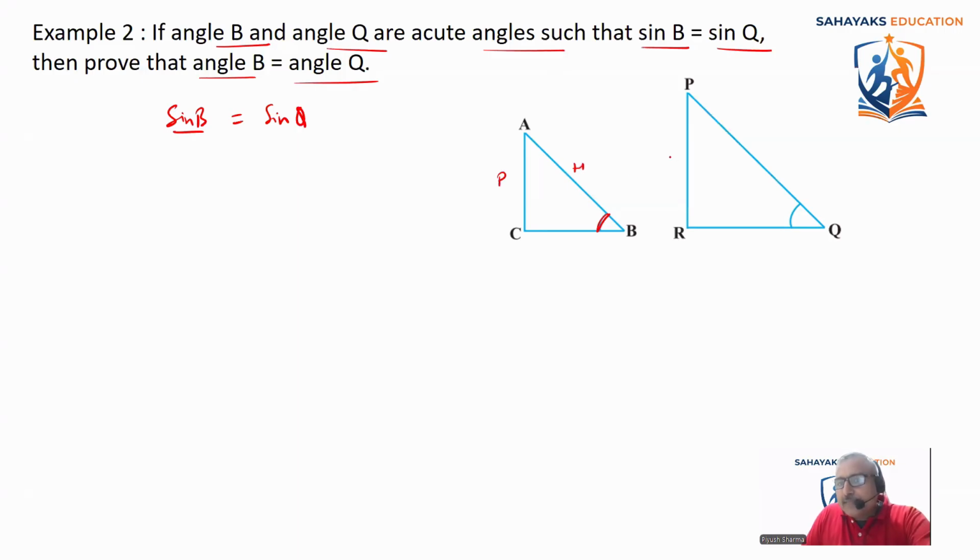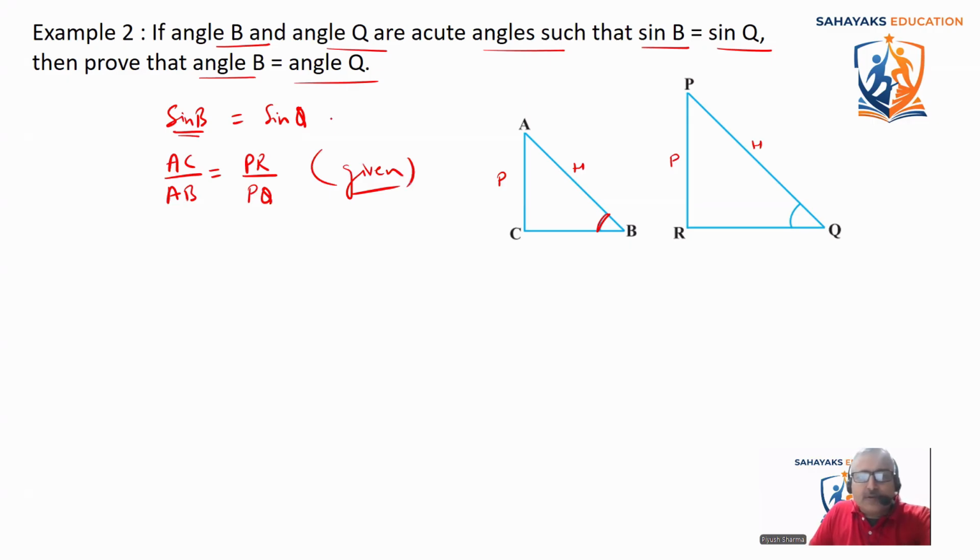Here also it is perpendicular and this is hypotenuse. So sine B is AC divided by AB, which is equal to sine Q. Sine Q is PR divided by PQ. Isn't it? This is already given to us, because sine B is equal to sine Q is given.